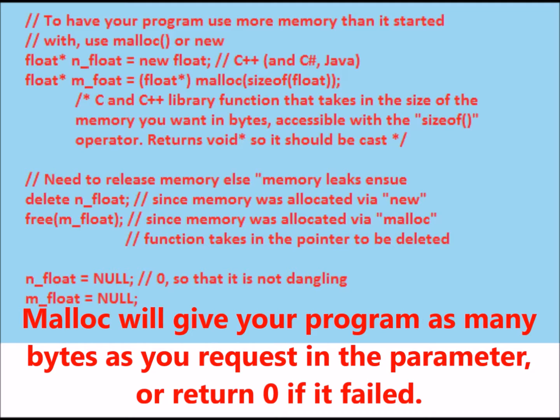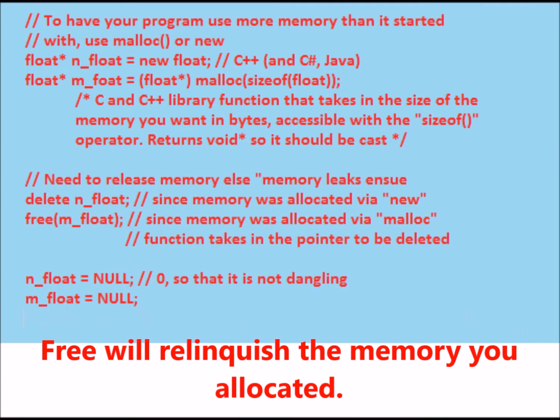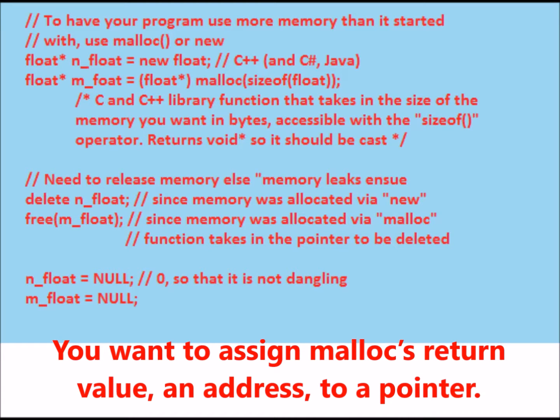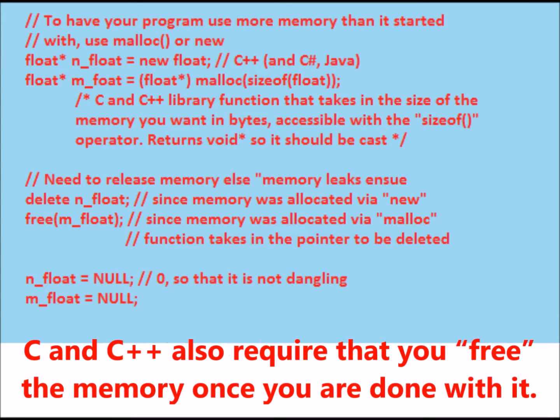Malloc will give your program as many bytes as you request in the parameter, or return 0 if it failed. Free will relinquish the memory you have allocated. You want to assign malloc's return value, an address, to a pointer. C and C++ also require that you free the memory once you are done with it.